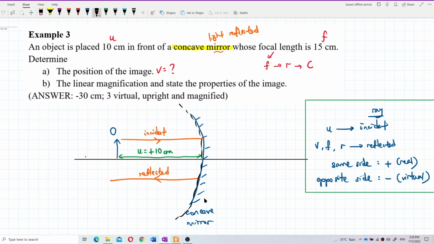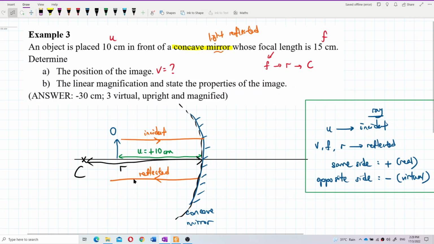It should be over here, because this surface is curving to the left hand side. So the radius should be over here. This is the radius.